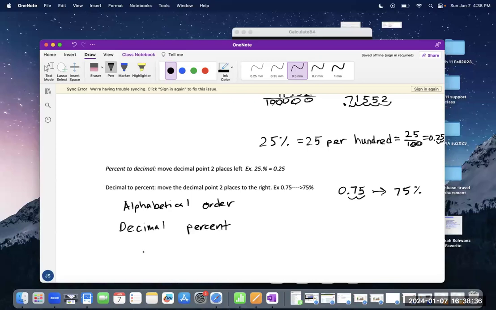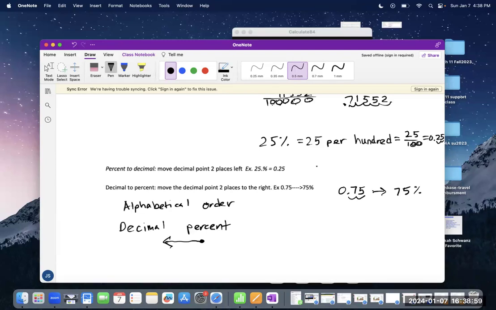Now, if I want to convert from percent to decimal, I start at percent because I have a percent and I'm trying to go to decimal. So the direction of the arrow is the direction that I need to move the decimal place. Get that? That's kind of cool.